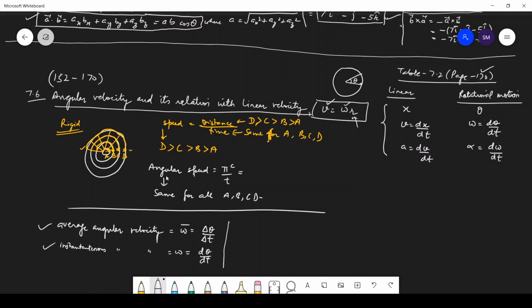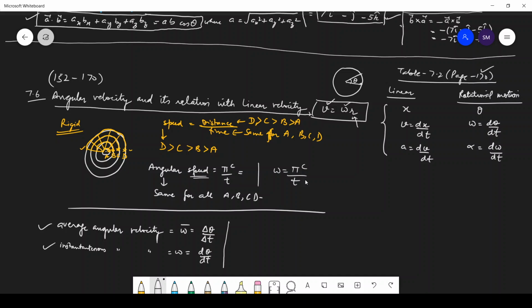Okay. See, this is what we have written, that the angular velocity, like angular speed, I have written. So the magnitude of angular velocity will be the same for all of them, like this divided by time taken t, because they are traveling the same angle.